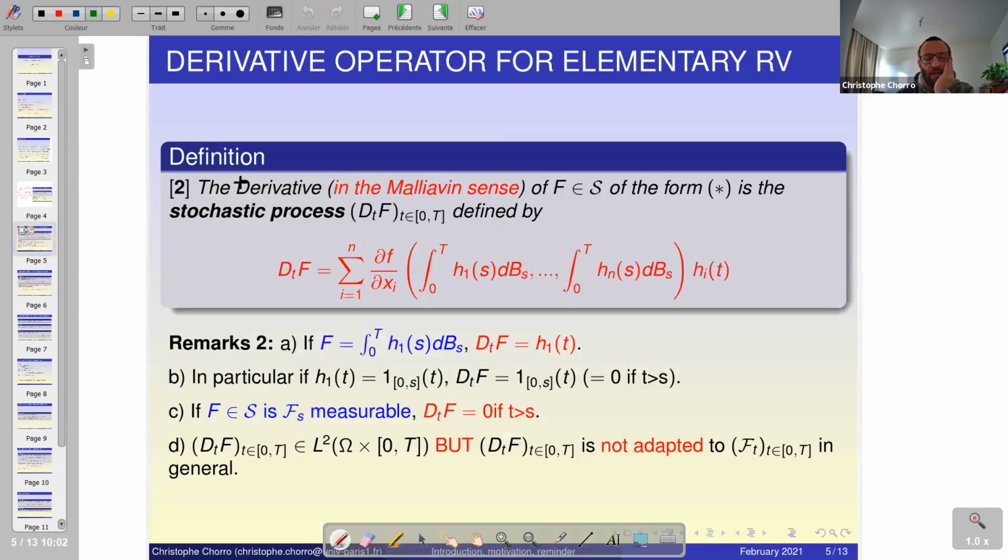So the derivative, that we call the Malliavin derivative in general in the literature, of an elementary random variable of the preceding form is, so keep in mind that it is a stochastic process. Okay, so the derivative will be a stochastic process. Okay, the time being on 0 capital T, it depends on omega, W belongs to omega, defined this way.